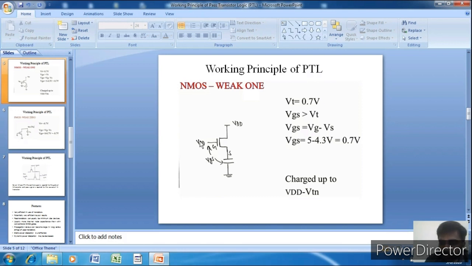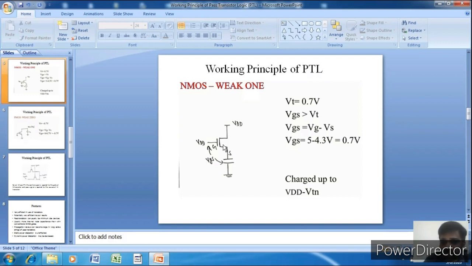If it becomes 4.4, then 5 minus 4.4 is 0.6, which is less than 0.7, less than the threshold voltage to turn on the NMOS transistor. So the transistor will get turned off and stop working. So we can say beyond 4.3 volt, it is not possible for the capacitor to charge.